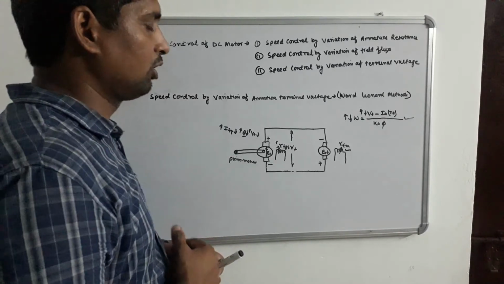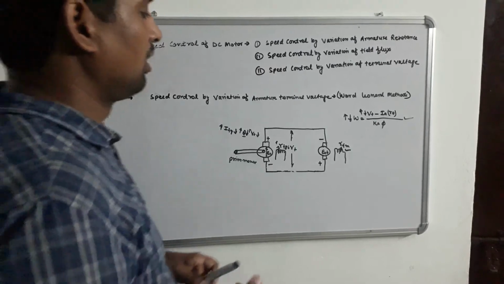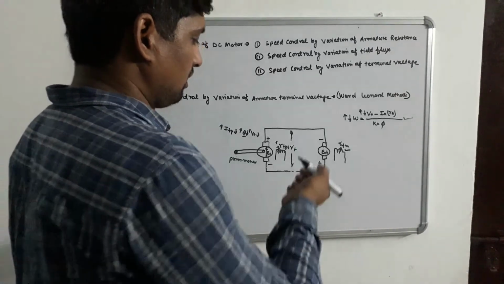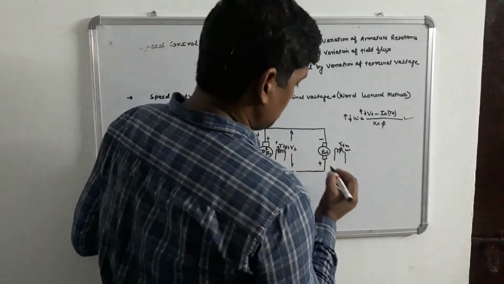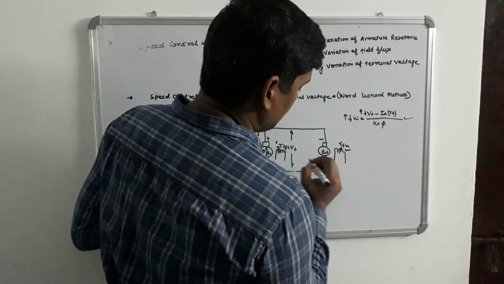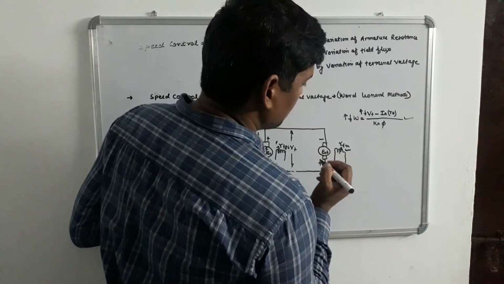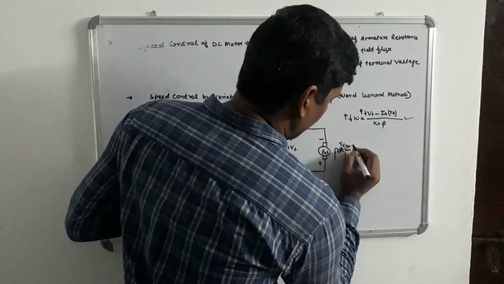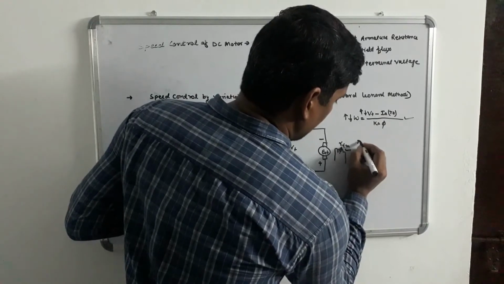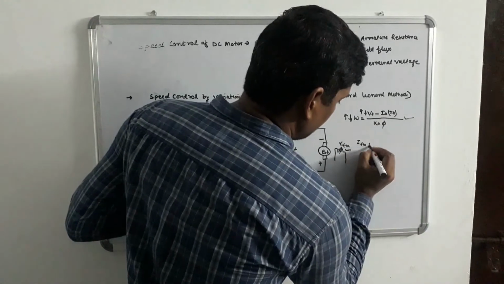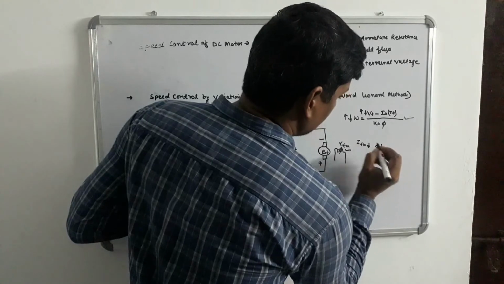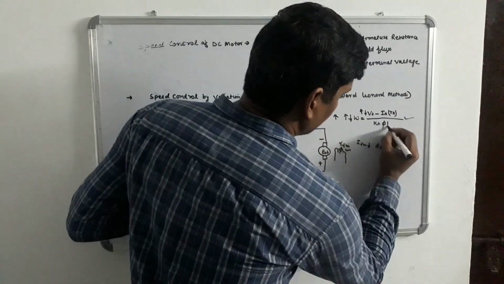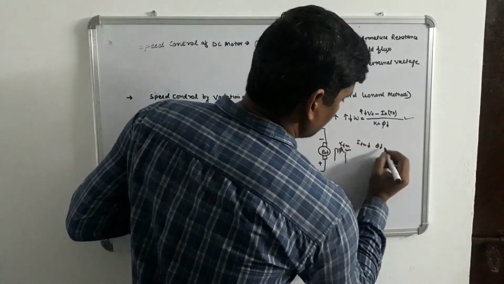If we are controlling beyond the rated speed, we go through the field control of the separately excited DC motor. In this case, we increase RFM, then IFM decreases, flux decreases, and omega will increase. If flux decreases, omega will increase.